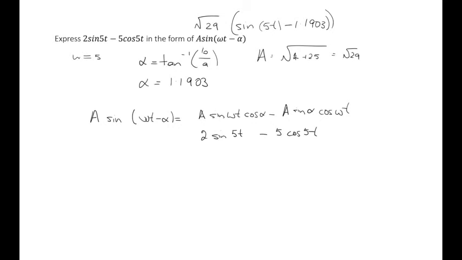So what we've got is, again, I'll use red pen, that A cos alpha is equal to 2. So A cos alpha is equal to 2. And on the other part, we've got A sine alpha is equal to 5, because the negative signs appear in both of them. So we don't make that negative 5, it is 5. So A sine alpha is 5.